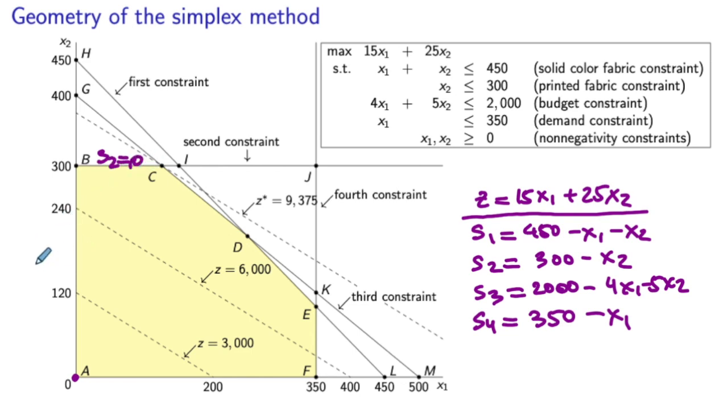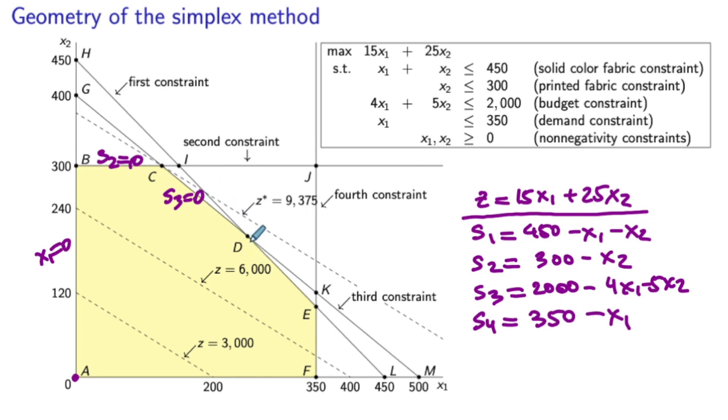So for this one we had x1 is equal to 0. Then the next line that shapes our feasible region passes through the points C and D, and this corresponds to the third constraint. And again, this can be obtained by setting the third slack variable equal to 0, because this is the line corresponding to the third constraint taken at equality, meaning exactly that s3 is equal to 0.